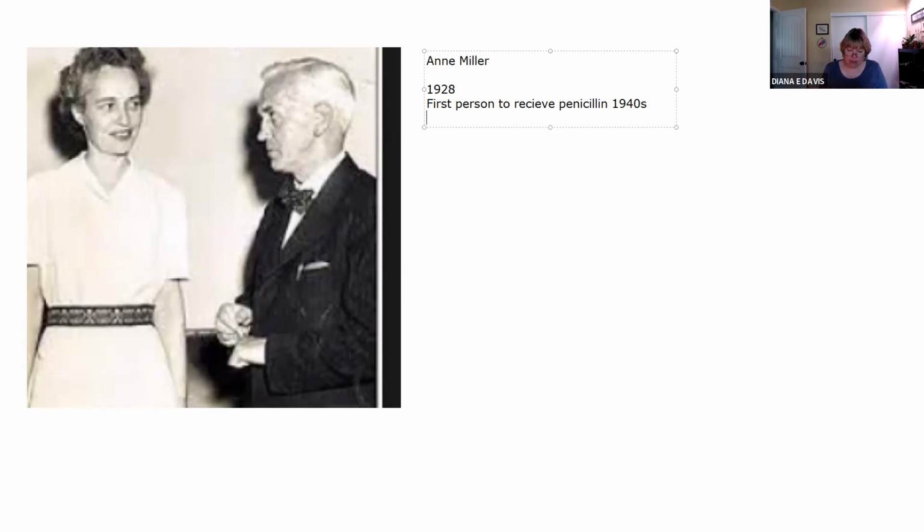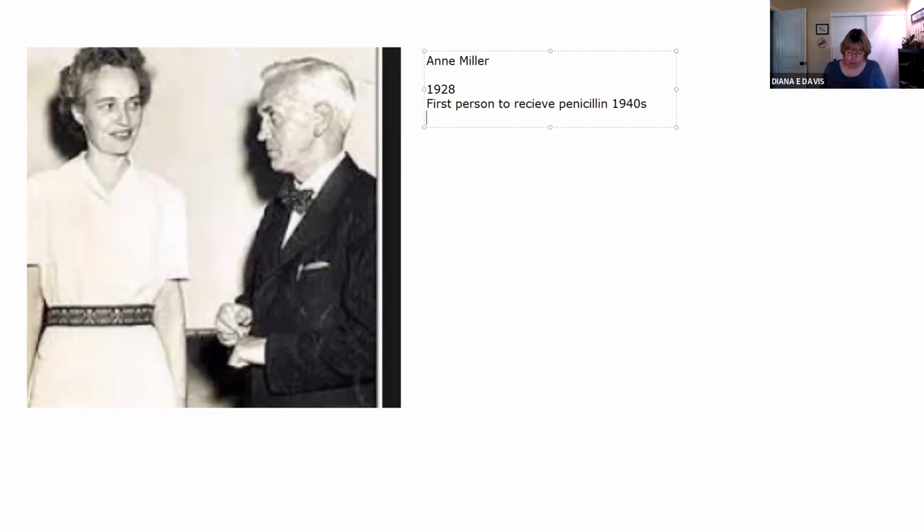And this police officer developed pustules, kind of like buboes or ulcers, open, oozing, pus-filled pockets all over the body, a raging fever. He had clearly gotten a systemic or body-wide infection. He was dying from a scratch from a rose.